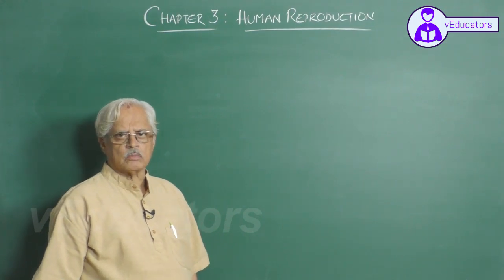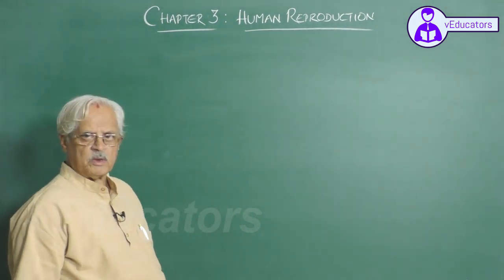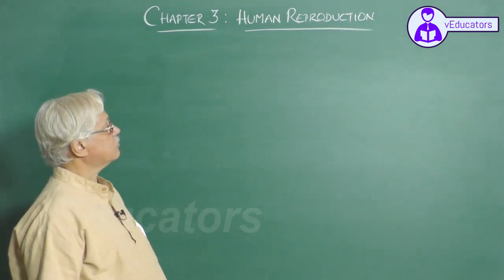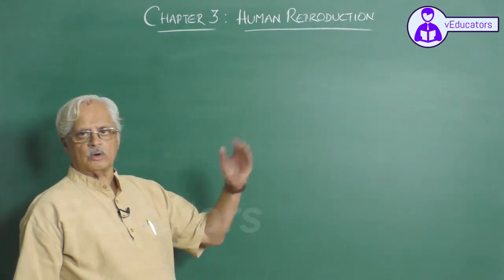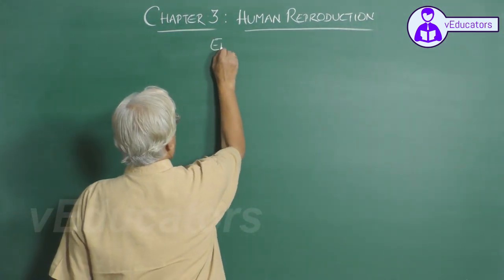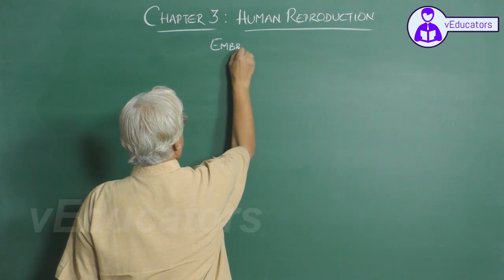In the previous class we have seen how fertilization takes place and how the zygote is formed. Now let us see how this zygote undergoes development. Embryonic development.